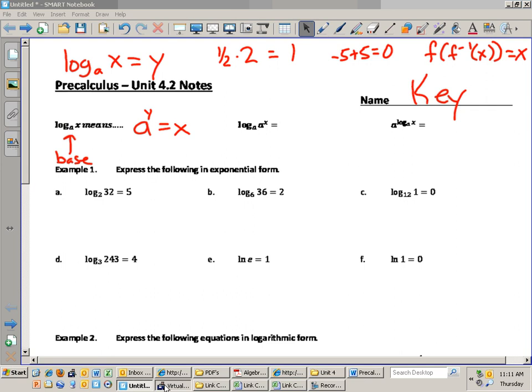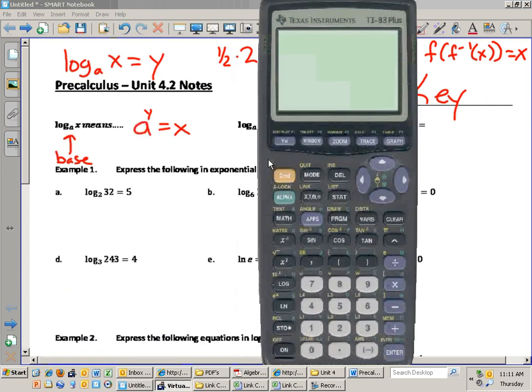Take out your calculator. We learned that functions are inverses when they're reflected over the line y equals x. So go into y equals, and let's punch in y equals x. The second thing we're going to punch in is log.